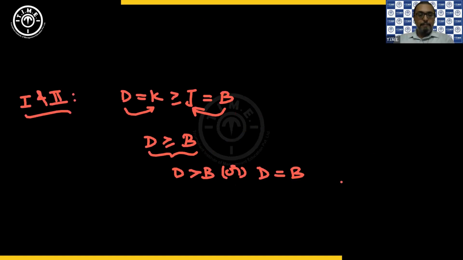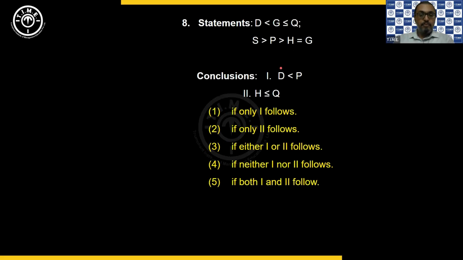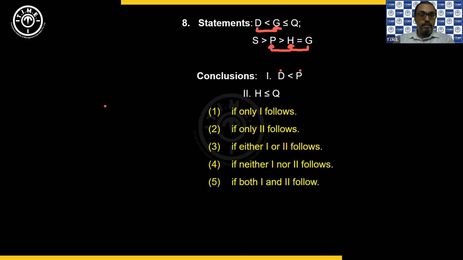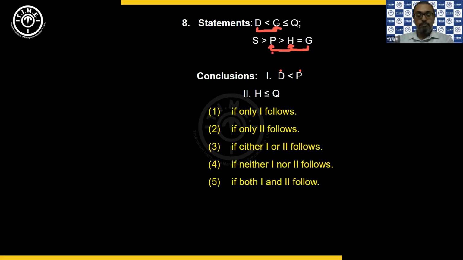Correct? Then next, D to P first. Here I have D to G in the forward direction, and everything else is in the reverse direction. For the first one, I have D less than G in the forward, and from G again, I have to take it in the reverse.